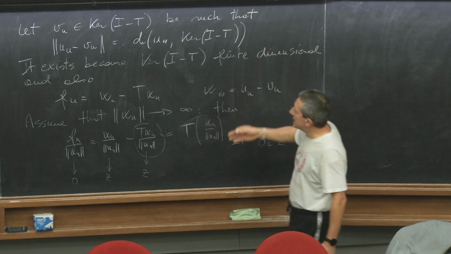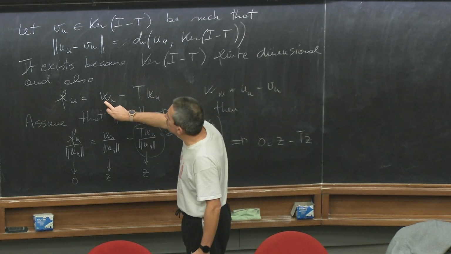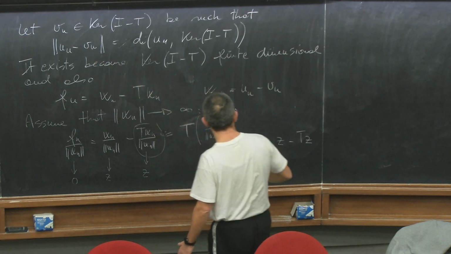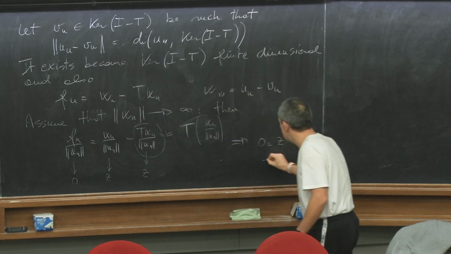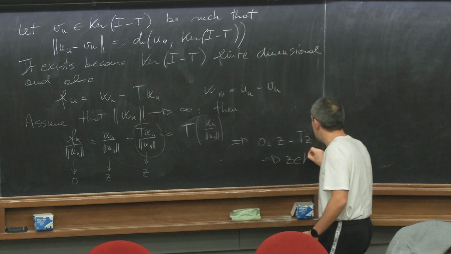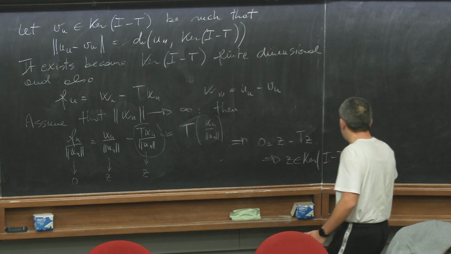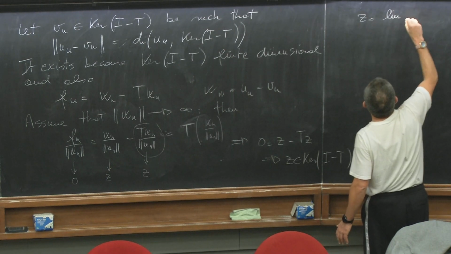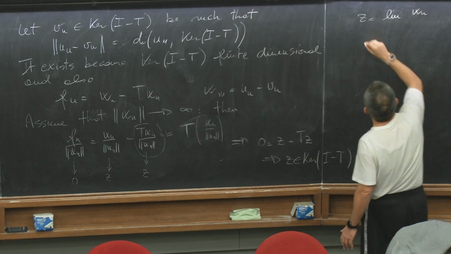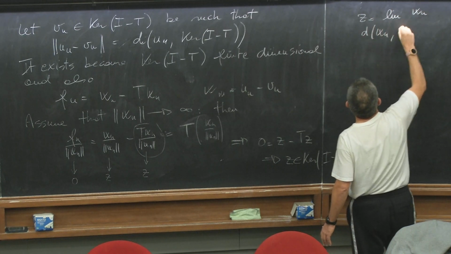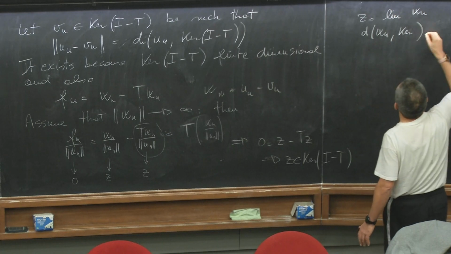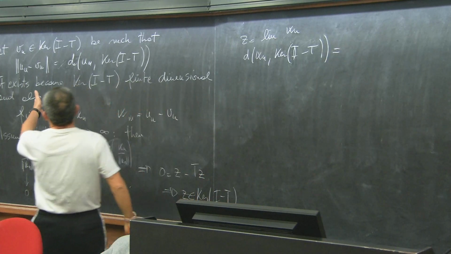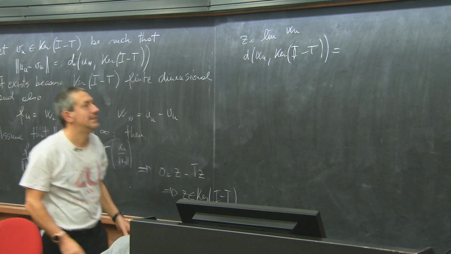However, let's go back. What is the distance of Wn from the kernel? Z belongs to the kernel. On the other hand, Z is the limit of Wn over norm of Wn, and the distance of Wn from the kernel, as we see in the proposition here, is exactly 1.